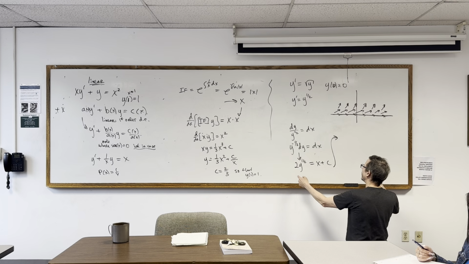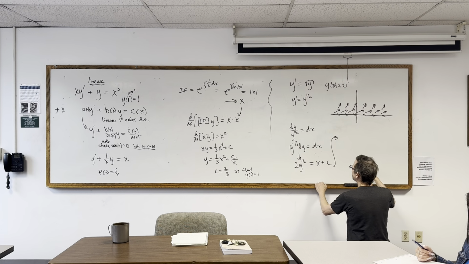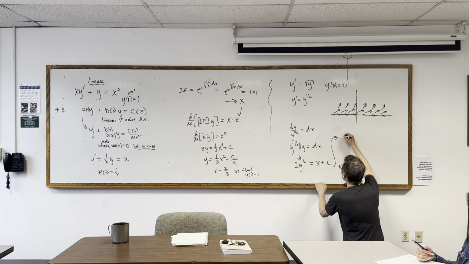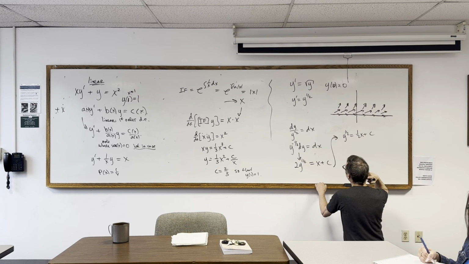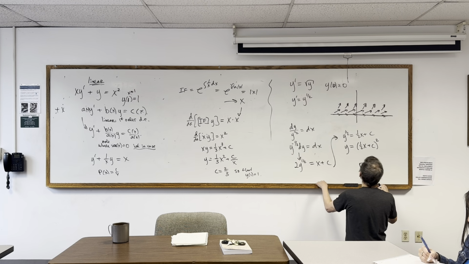That's all I ask. So I could go ahead and solve for y here, and I think I will. I'm going to divide both sides by 2. So I get y to the 1/2 equals 1/2 x, and absorb that into the c, and then go ahead and square both sides. And so we get y equals 1/2 x plus c quantity squared.